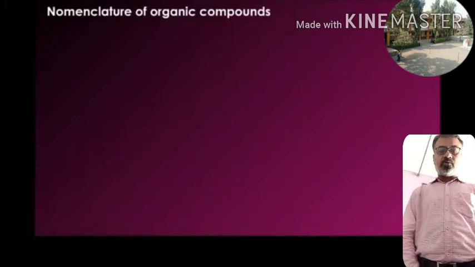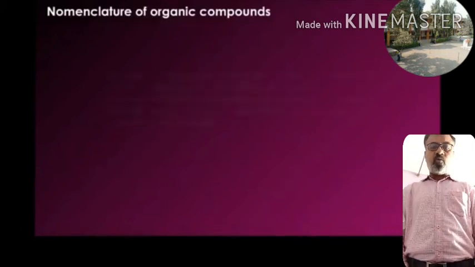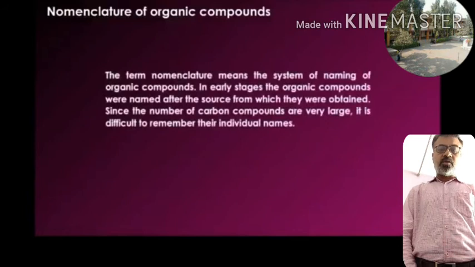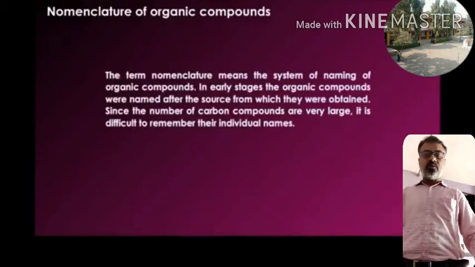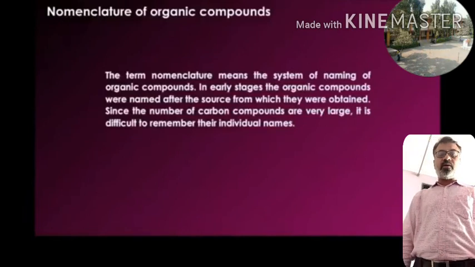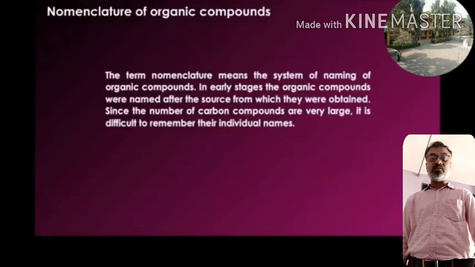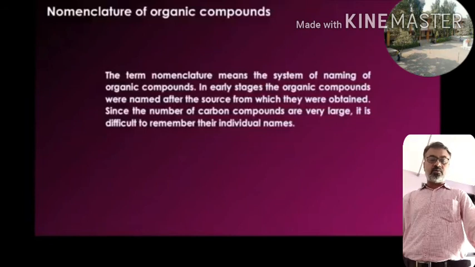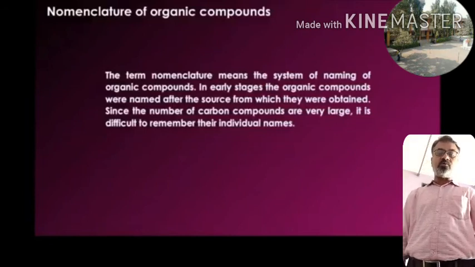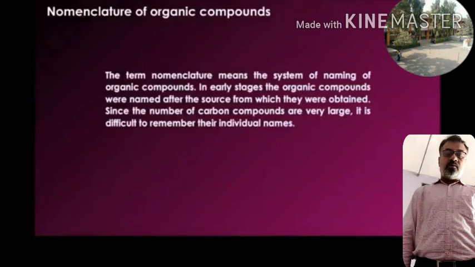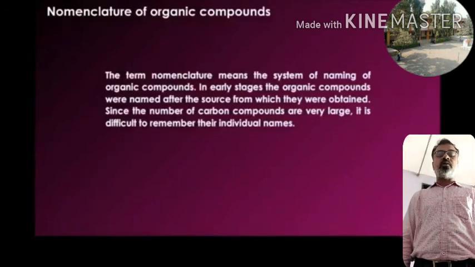Nomenclature of organic compounds. The term nomenclature means the system of naming organic compounds. In early stages, organic compounds were named after the source from which they were obtained. Since the number of carbon compounds is very large, it is difficult to remember their individual names.